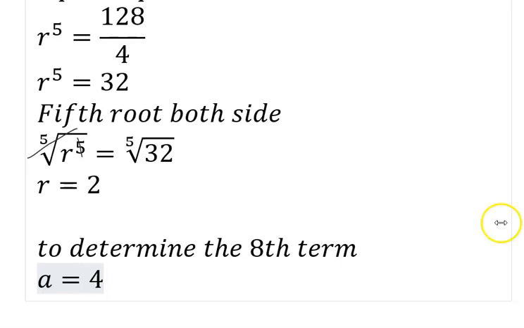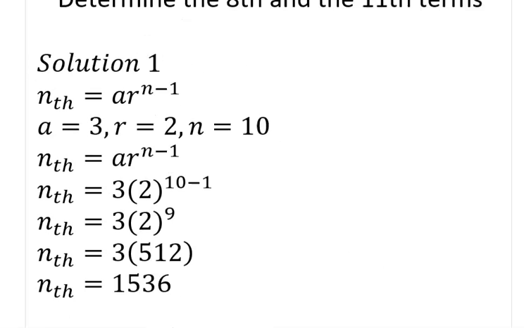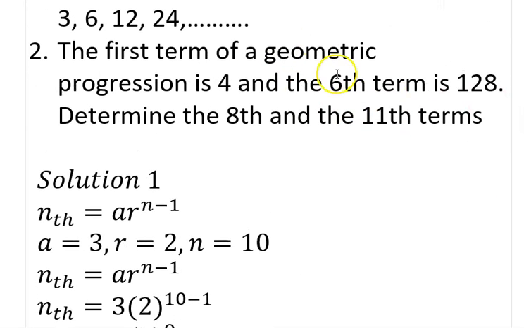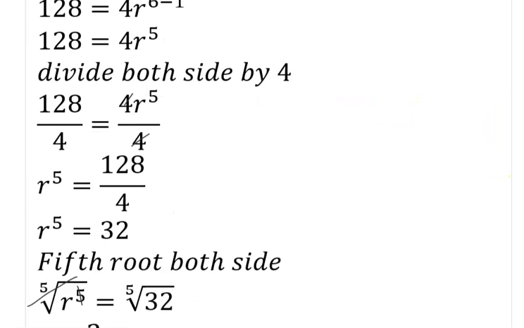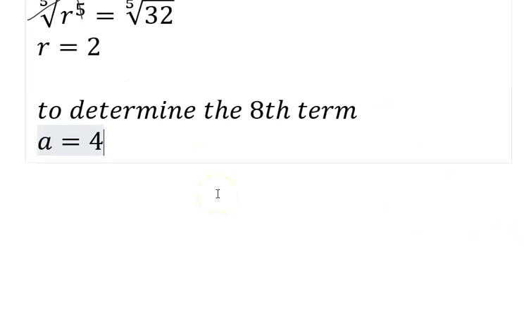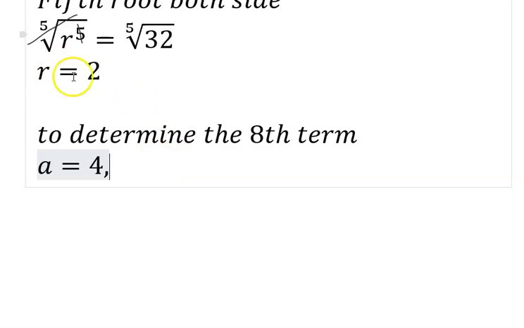Let's check. This is it. The first term of a geometric progression is 4. We know our first term to be 4. So having done that, we know our common ratio now. We've been able to come up with our common ratio to be what? To be 2.